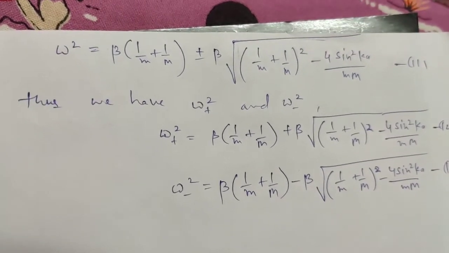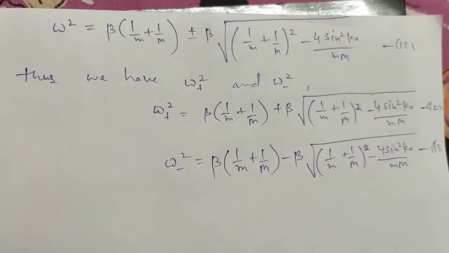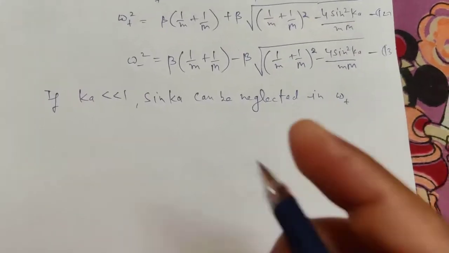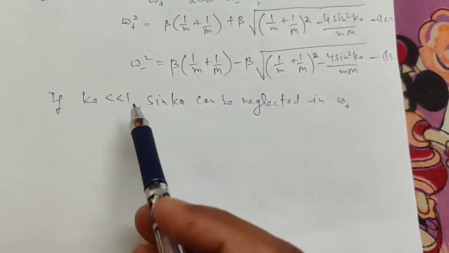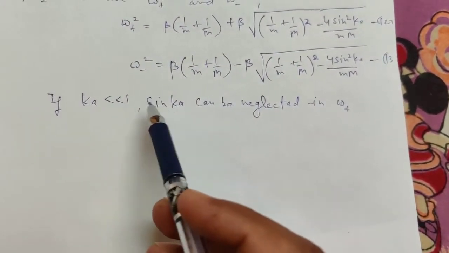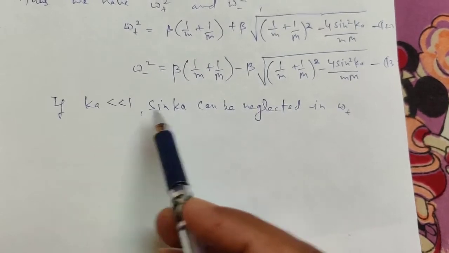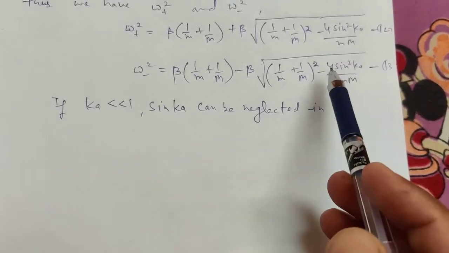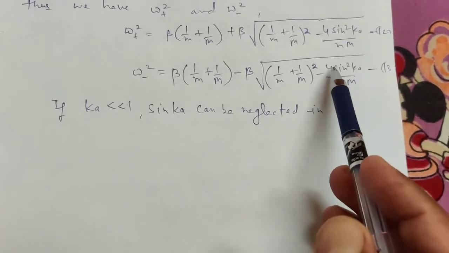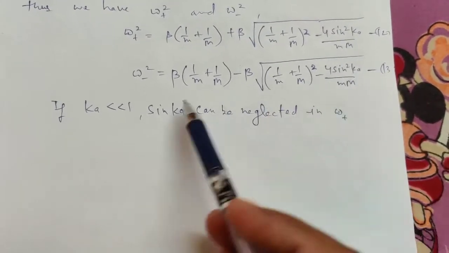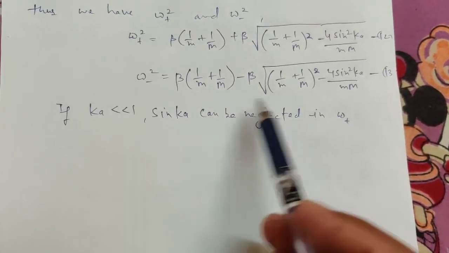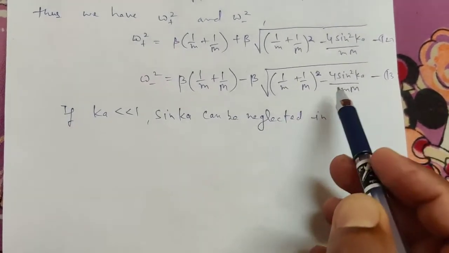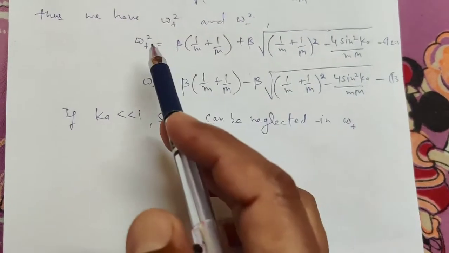So now we will find that if ka is very much less than 1, then sin ka can be neglected, because if this approaches 0 and is very small, then sin k is small and its square will be much smaller, so this can be neglected in this expression.